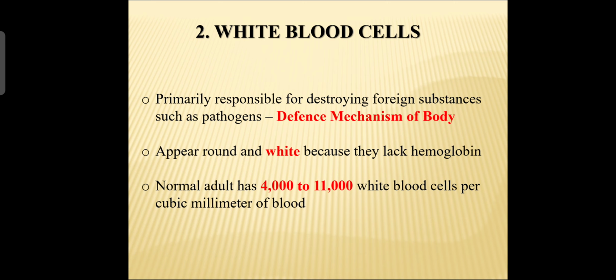WBC, white blood cell, is primarily responsible for destroying foreign substances such as pathogens, the defense mechanism of the body. They appear round and white because they lack hemoglobin. Normal adult has 4000 to 11,000 WBCs per cubic mm of blood.